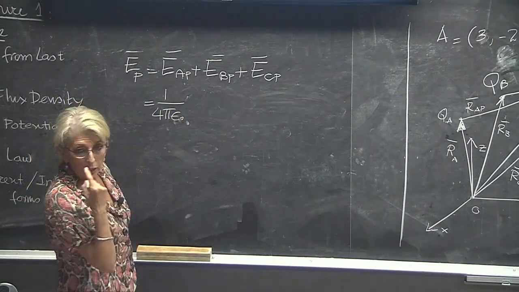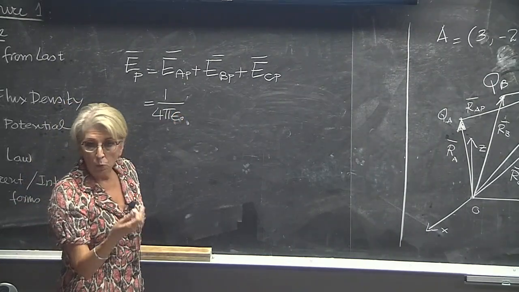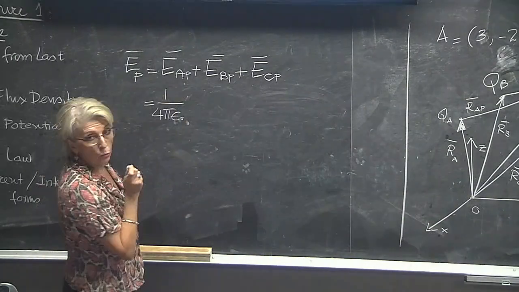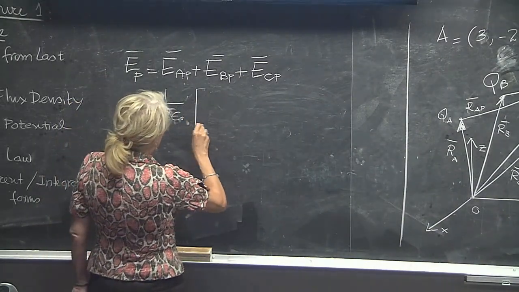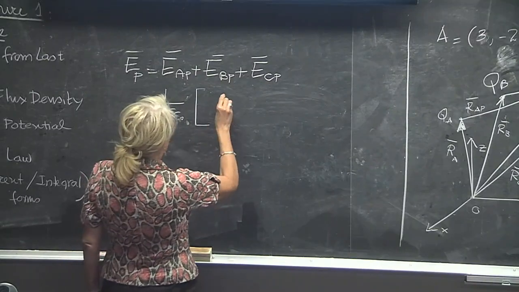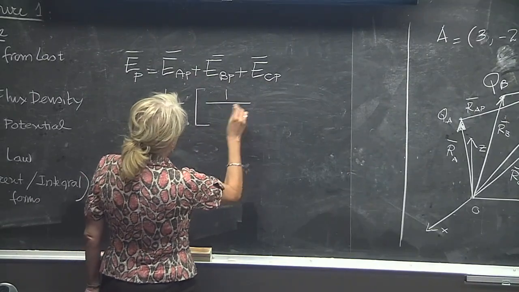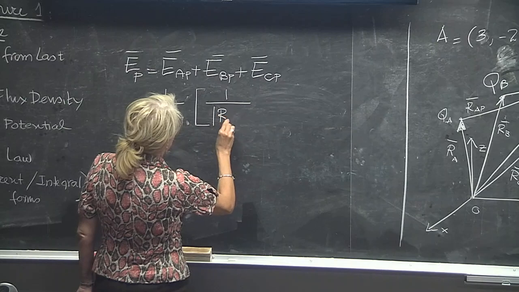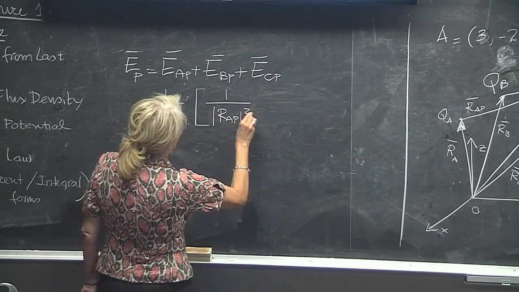And since all of the charges were the same and 1 coulomb, I will leave it here as 1. And then what do I have inside as a summation? From the first one, I have 1 over RAP square.